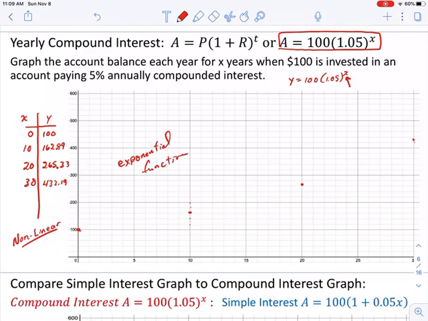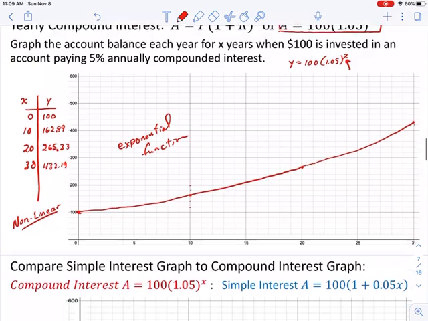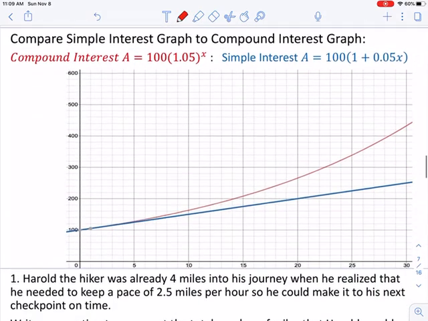Now we're going to sketch the graph so we can see what it looks like, but it's got to be a curve that goes through this point, and then through this point, and then through this point. It might be hard to tell that it's curved because of my freehand drawing, so let's get a better graph of that.